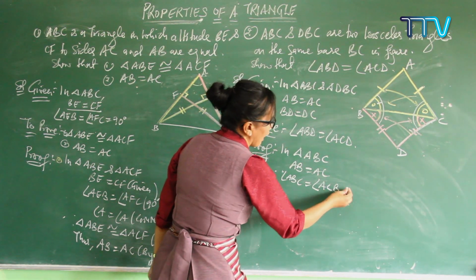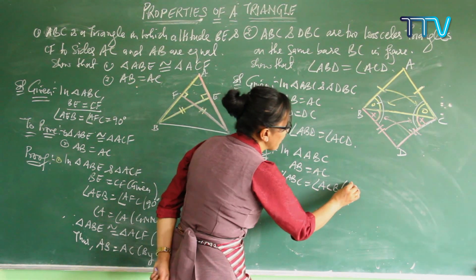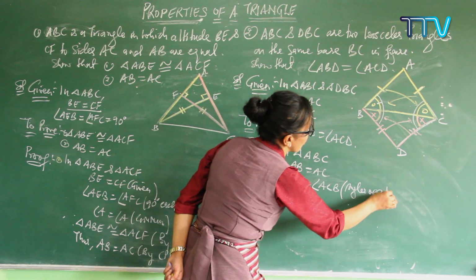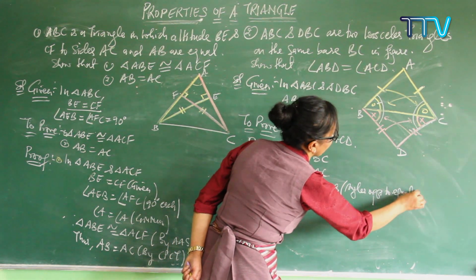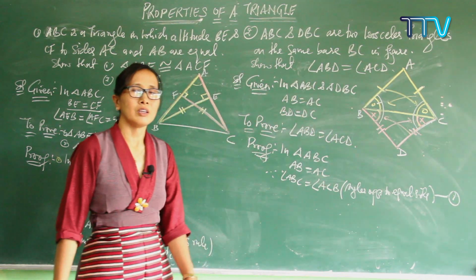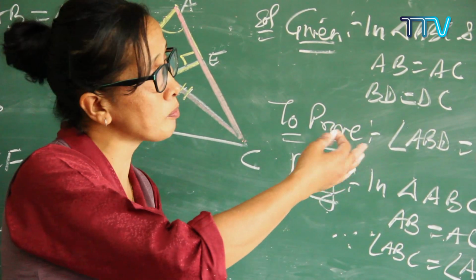Okay, these two are equal. So what reason are you going to give here? Angles opposite to equal sides are always equal. Write it first.